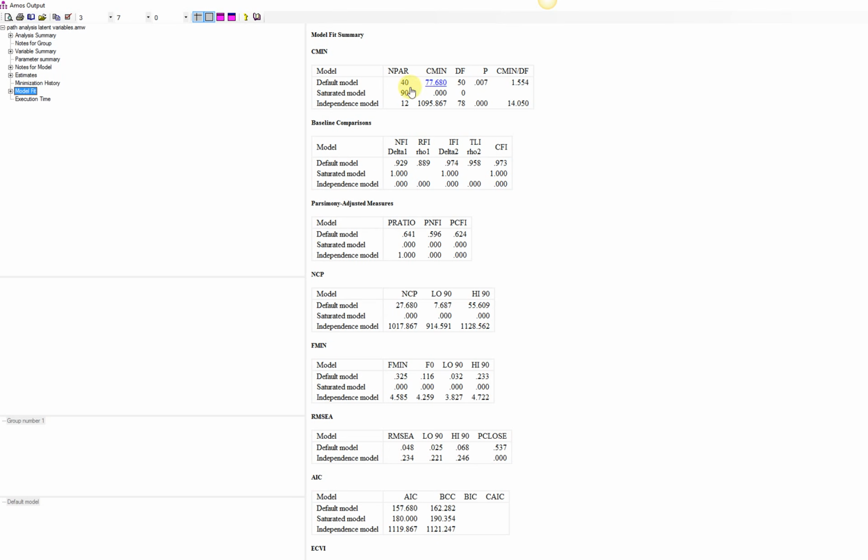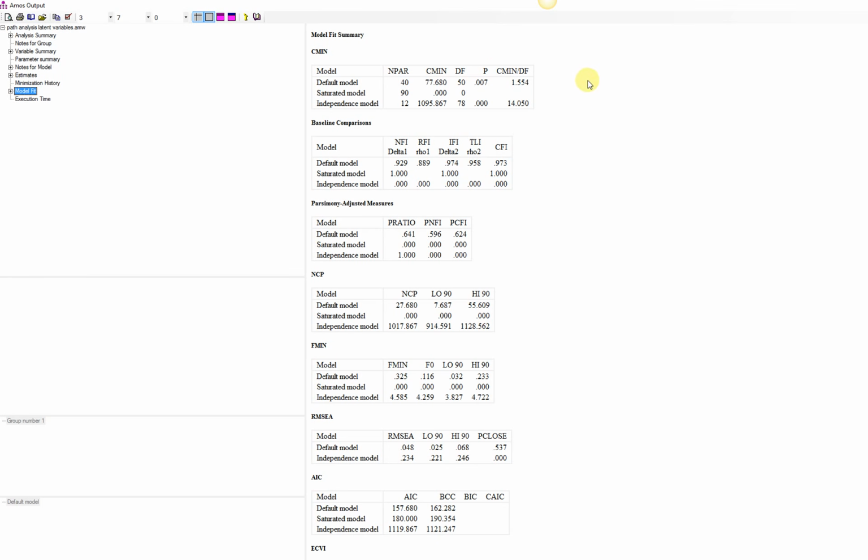Basically, in terms of interpreting the chi-square test, this is your chi-square value and your degrees of freedom for the analysis. And what you're looking for is a non-significant p-value for that test. So you're looking for a value that would be, say, greater than 0.05. The chi-square test is oftentimes referred to as a badness of fit test.